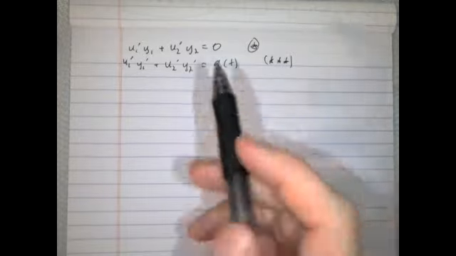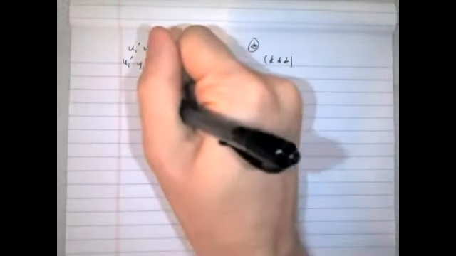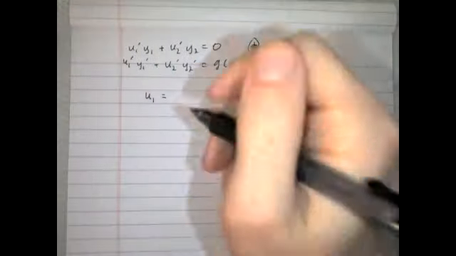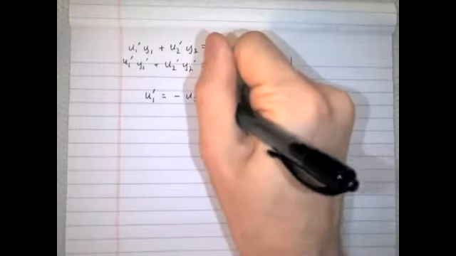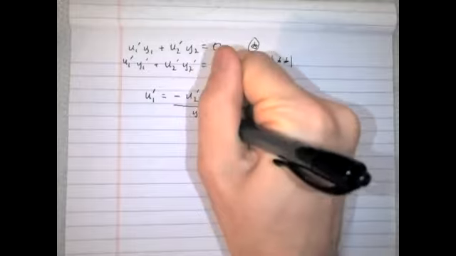Let me start with the top equation. u1 prime is going to be equal to, I subtract this over, negative u2 prime y2 all divided by y1.